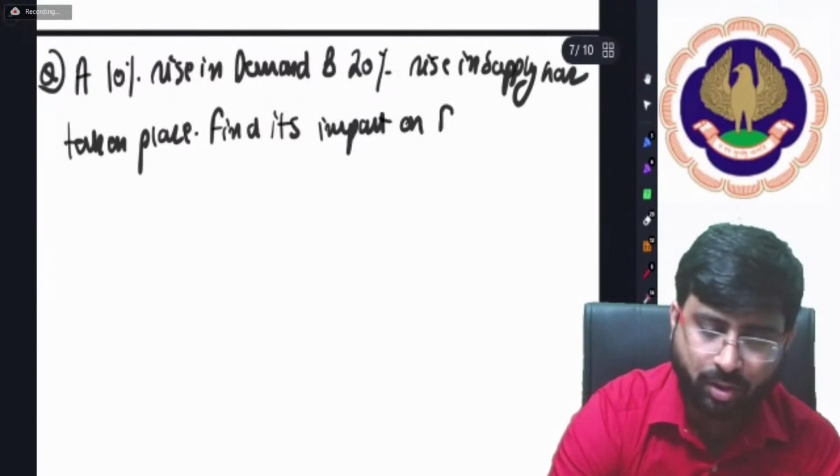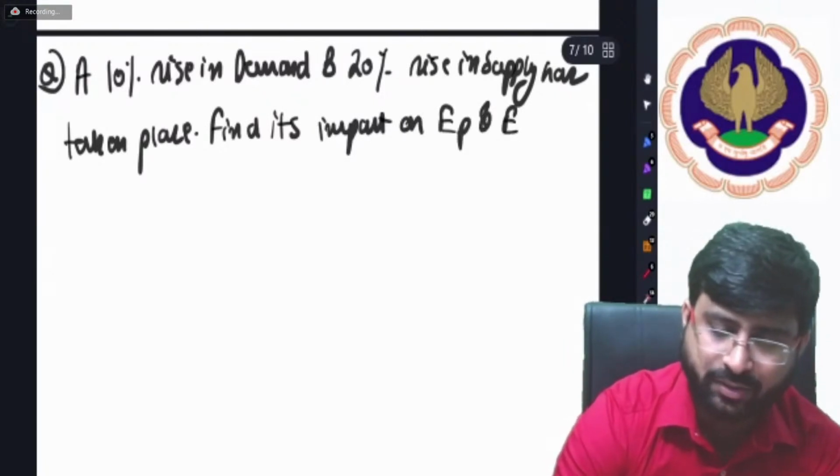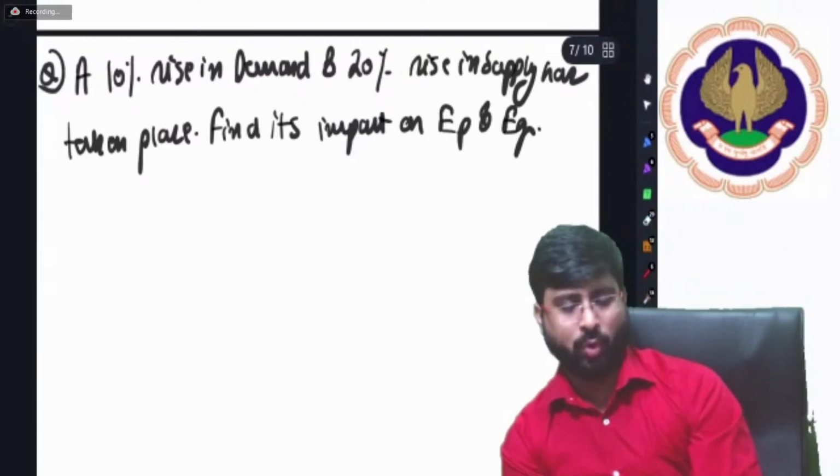Find its impact on equilibrium price and equilibrium quantity.